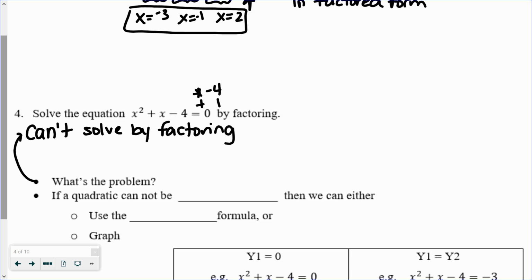So either there is no solution or the solution is actually a decimal. We can't say automatically just because you can't factor it that there's no solution.